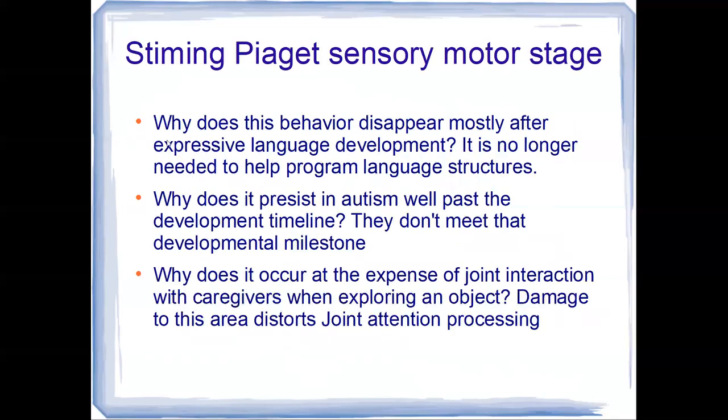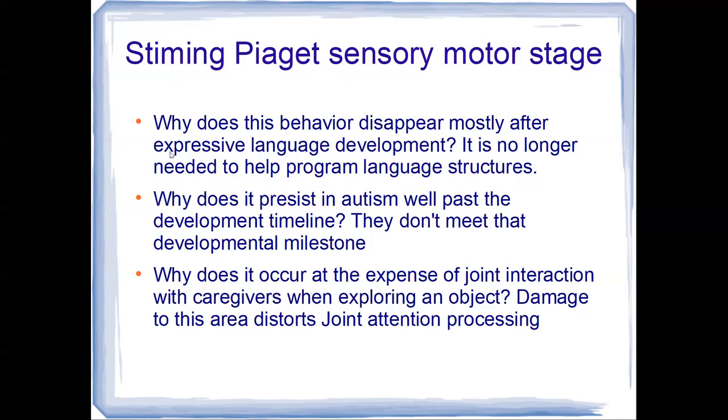So if we go back to these three questions about stimming and these repetitive movements and interests, the first question was, why does this behavior disappear after expressive language development? I believe it's because it's no longer needed.